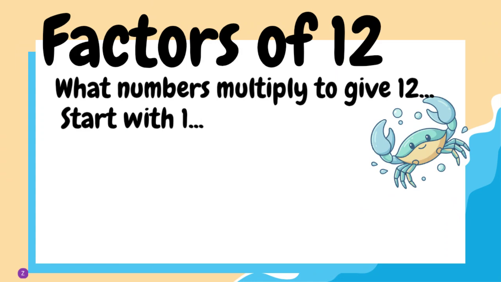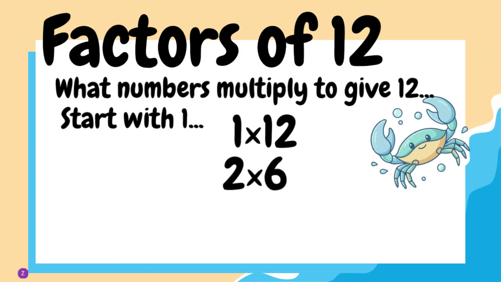So 1, what times 1 gives 12? 1 times 12. Can I multiply something with 2? Yes. 2 times 6. Can I multiply something with 3? Yes. 3 times 4. 12 is not a multiple of 5, so we cannot multiply anything with 5 to get to 12.